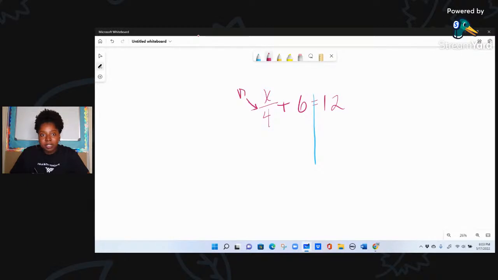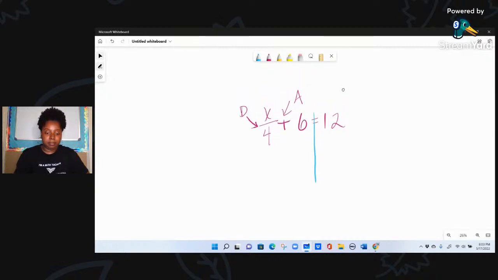So this is division. That is the ugly D. And this is obviously addition. So we have division and addition. So still, according to PEMDAS, division comes first. Division is going to come before addition.